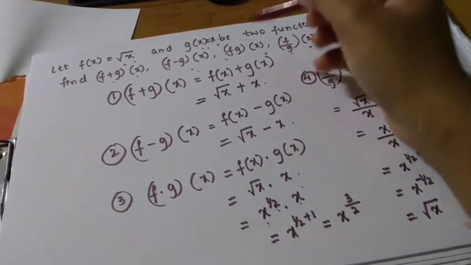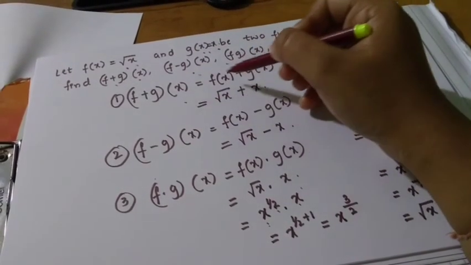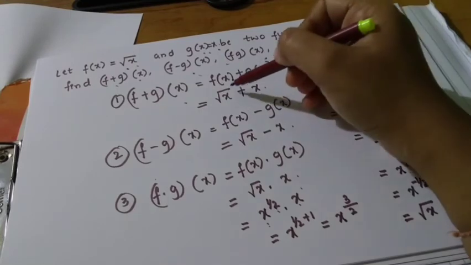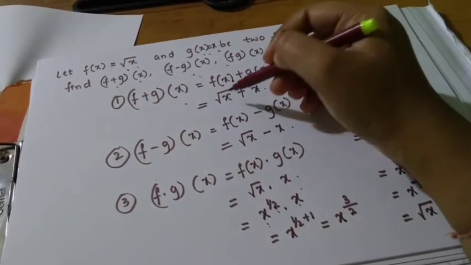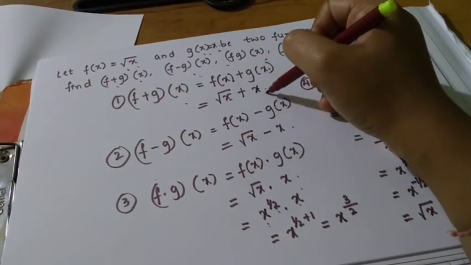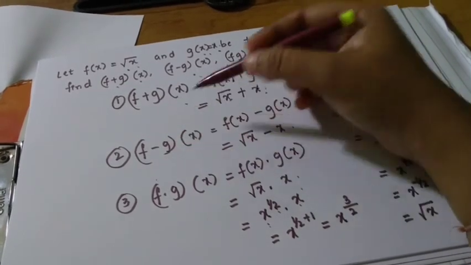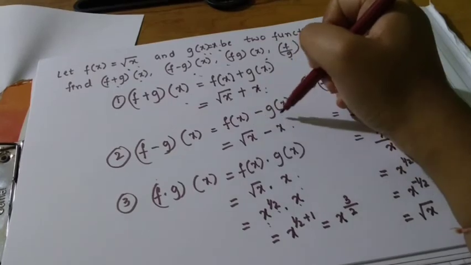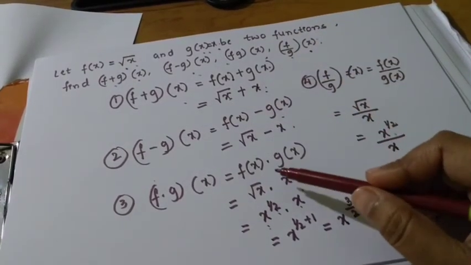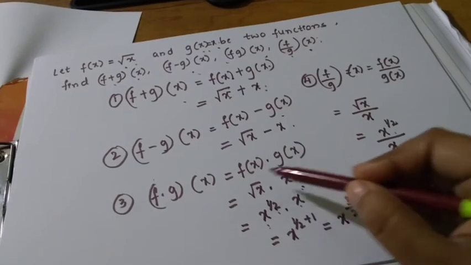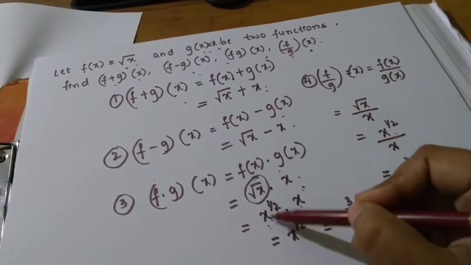So first what did you do? f plus g of x, this is f of x plus g of x. So f of x value root x, g of x value x. So you got root x plus x. Next f minus g of x is root x minus x. Okay. f into g of x, what happened? Root x into x. So root x you can write as x raised to 1 by 2.